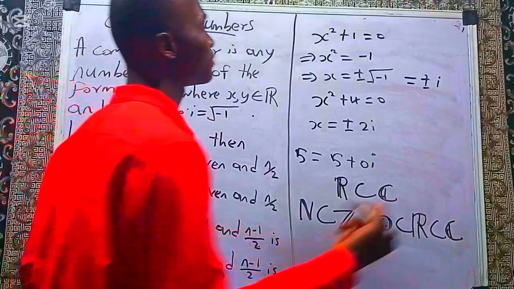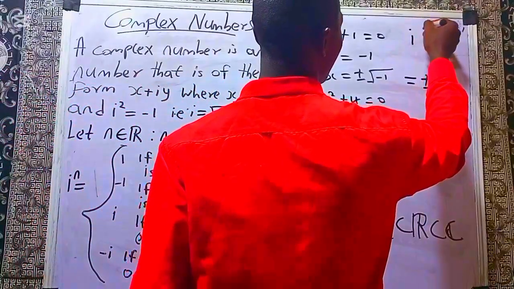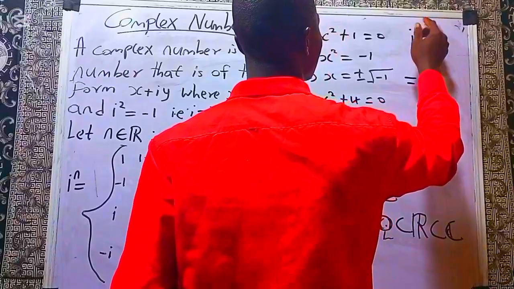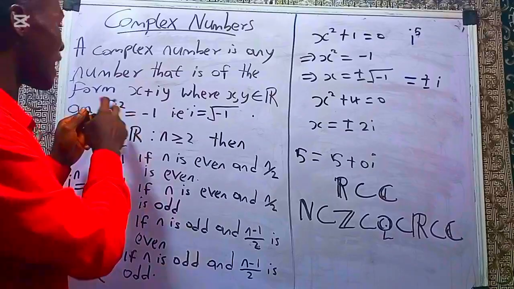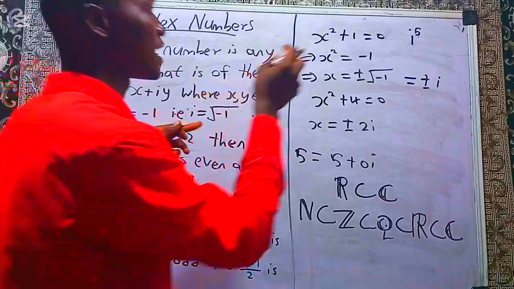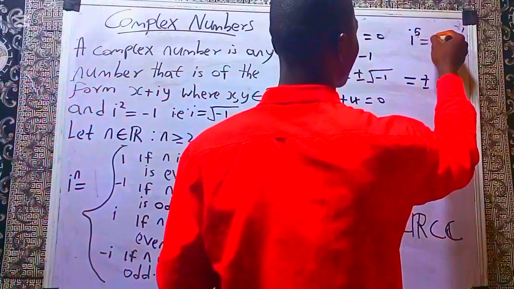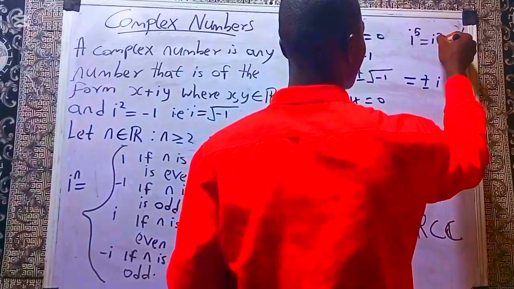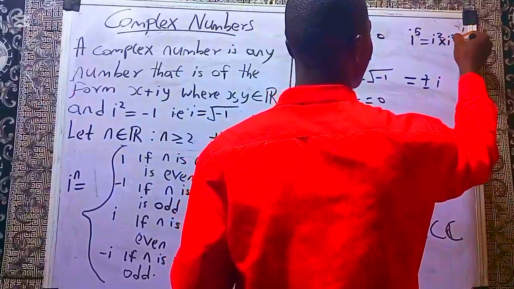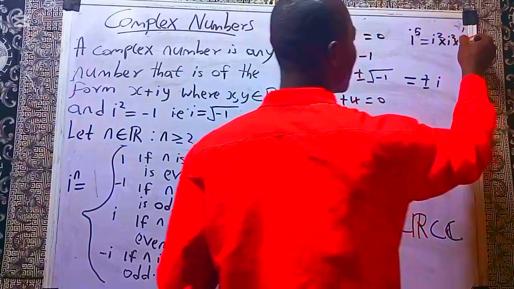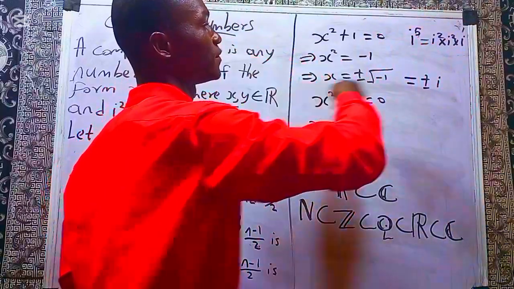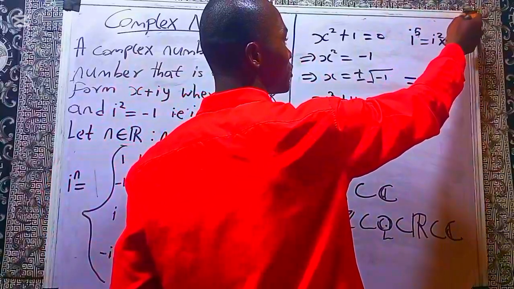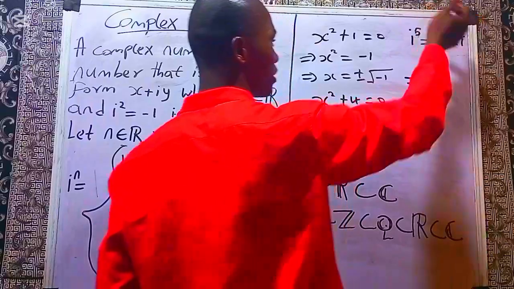I know that if I have a simple one like i raised to power 5, I can write it in terms of powers of 2, since what is given to me is that i raised to power 2 is minus 1. i raised to power 2 times i raised to power 2 times, next one will be what? i raised to power 1. Because power 2 plus power 2 plus power 1 will give you power 5.